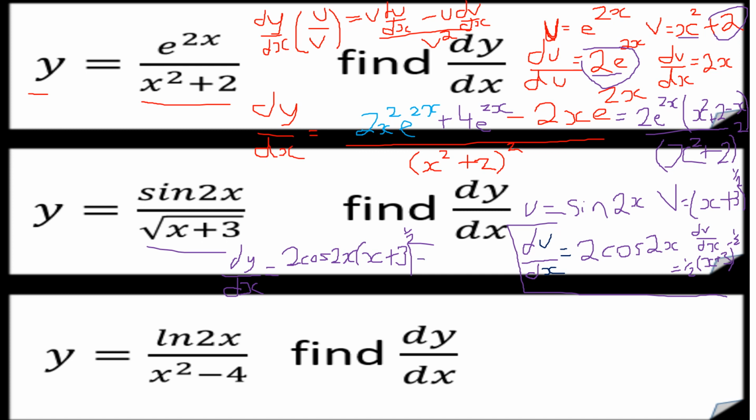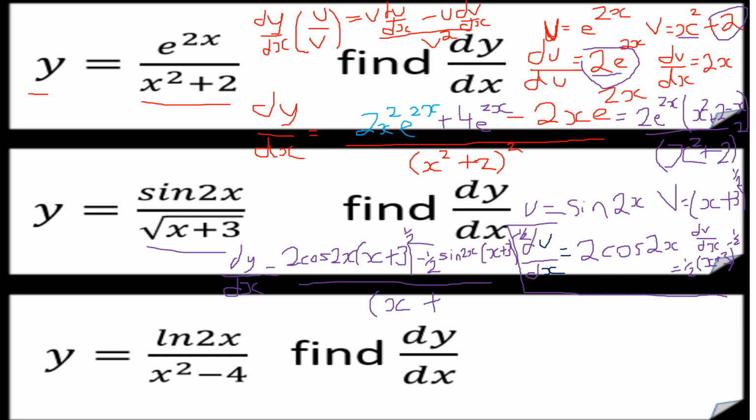Subtract u dv dx, so that times that, so I'm going to have a half sine 2x, and then open brackets, x plus 3 to the power of minus a half. Okay, all divided by v squared. So if you square that, you would just get x plus 3 on the bottom.